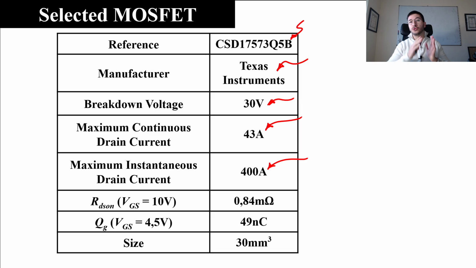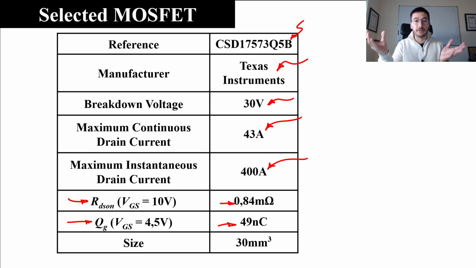And then we have two very important parameters of the MOSFET: the on resistance and the total gate charge. The first one has this value, and the second one has this value. The on resistance is the resistance of the MOSFET channel when the device is on.